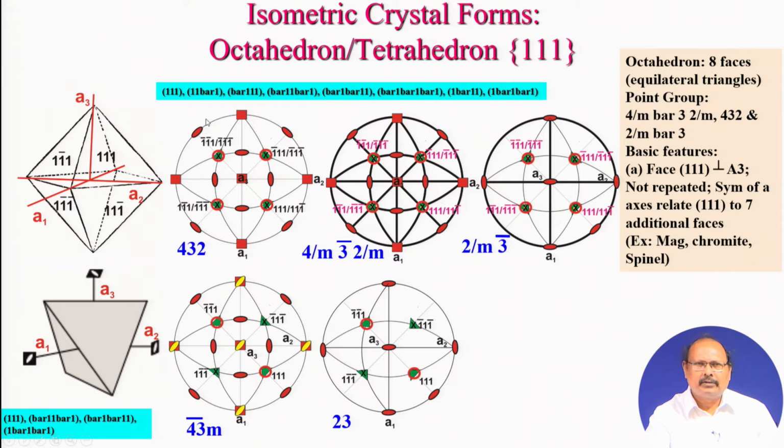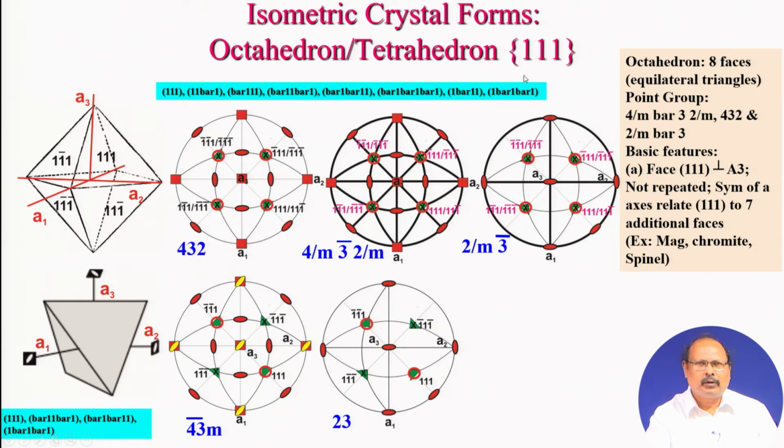And here we now consider a general face as 1 1 1, and 1 1 1 refers to a crystal face which intersects all 3 crystallographic axes A1, A2 and A3, and they intersect at the same unit lengths here. Now, the question is, what will be the position of 1 1 1?